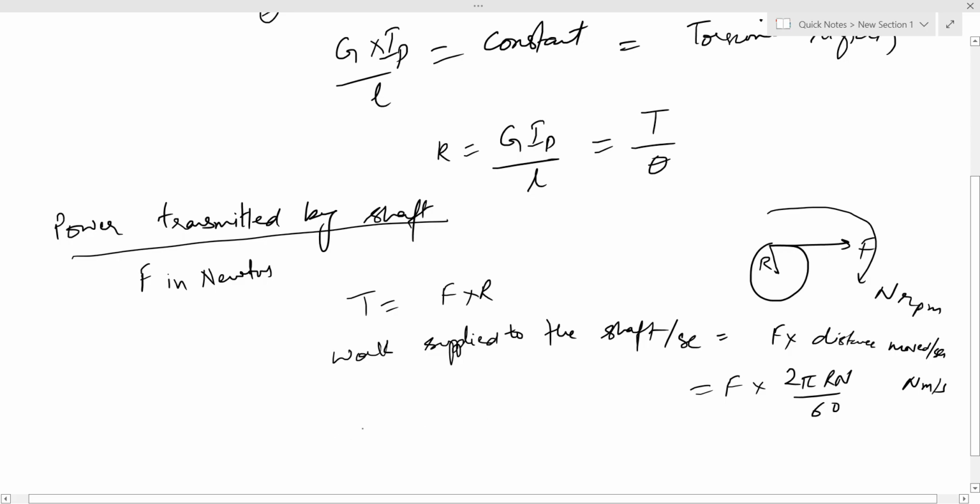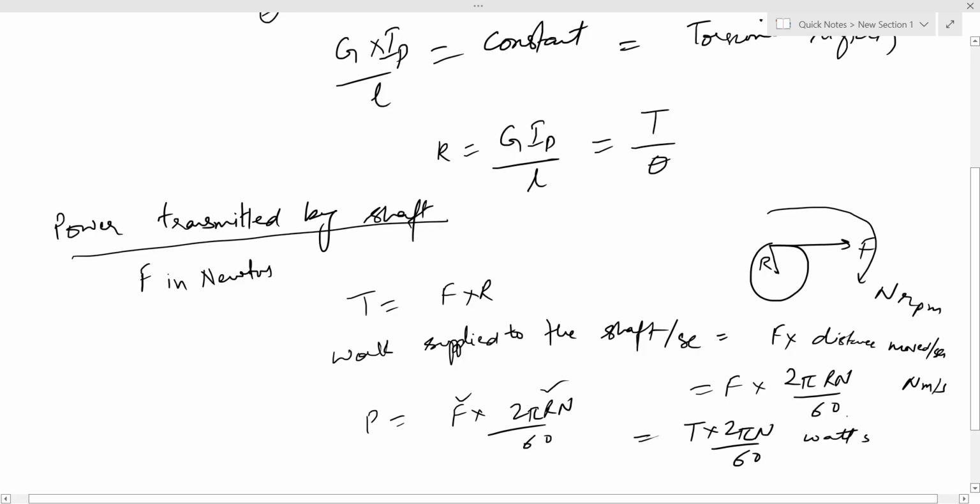So the power is F into 2 pi R N upon 60, and we know that F into R is T. It is equal to T into 2 pi N upon 60 watt.